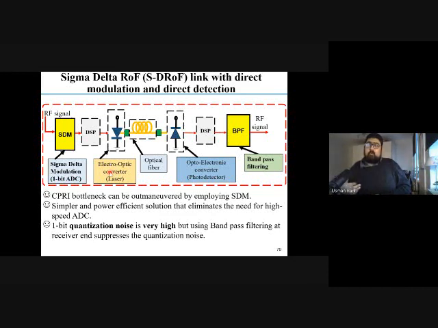Now, in order to decrease that cost, there is a system that we've developed known as Sigma Delta radio over fiber. It is actually a 1 bit ADC, because the issue in digital was the cost of the ADC resolution. If you just use a 1 bit ADC, you don't have the issue of cost.